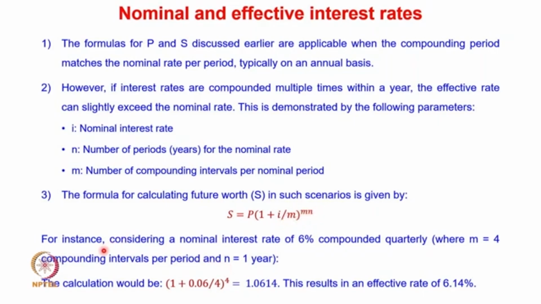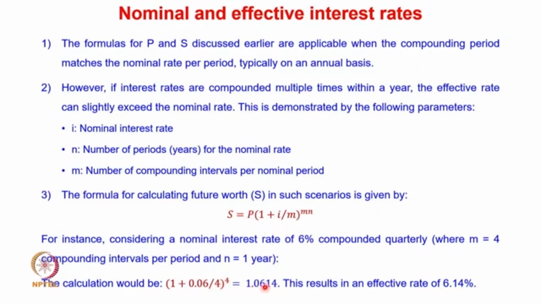So take an example here. Let's say a nominal interest rate is 6%. And let's say this interest is getting compounded 4 times within a year, with n equal to 1 year, we can calculate the interest rate here. In this case the compounding factor will be 1 plus 0.06 by 4 raised to the power 4.